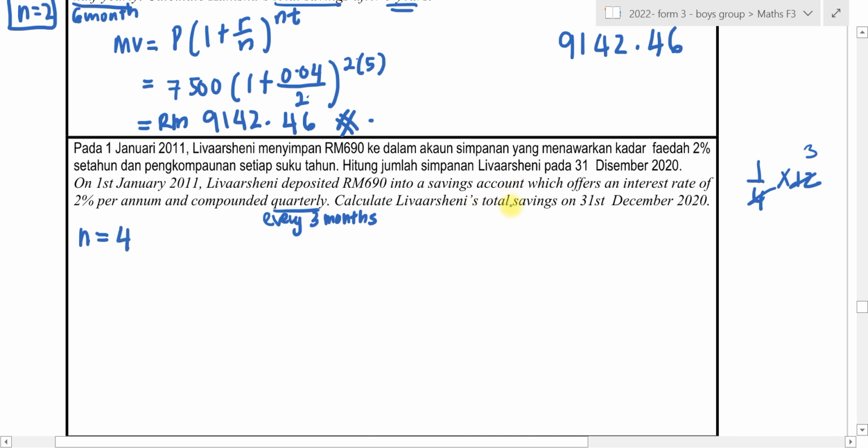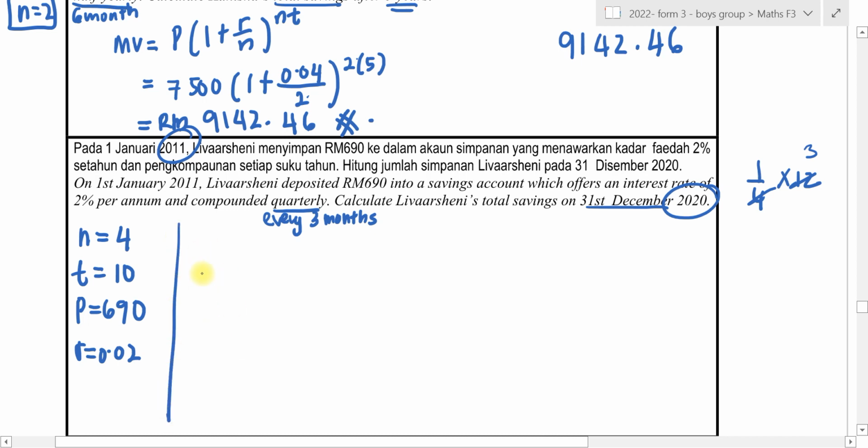Calculate Livashini's total saving on 31st December 2020. So she's starting with 2011 and ending with 2020. So how many years? 2011 must be counted too, because January until December is 1 year. So 10 years: 11, 12, 13, 14, 15, 16, 17, 18, 19, 20. t equals 10 years. Your principal is 690 and your r is 0.02.